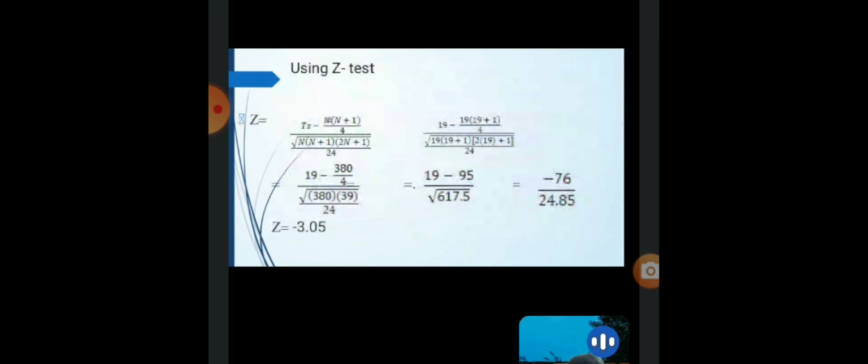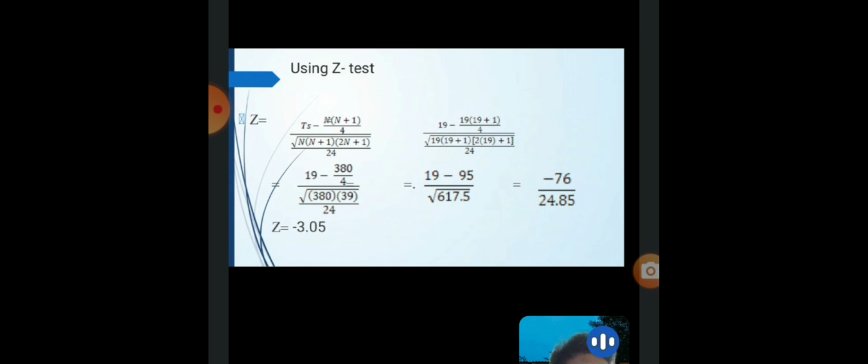Next, using Z-test naman po tayo. Z equals to total sum minus n times n plus 1 divided by 4 over square root of n times n plus 1 times 2n plus 1 divided by 24.